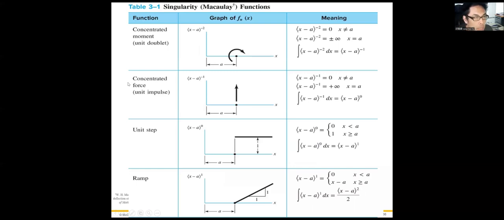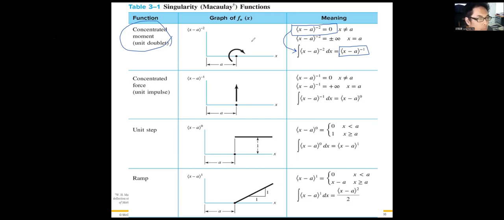Okay, so the singularity function, you have to remember this for sure. In the case of the beam subjected to a concentrated moment, we can write its singularity function in terms of this, right? And if we take the integration of the singularity function, its order will be modified to -1 from -2.